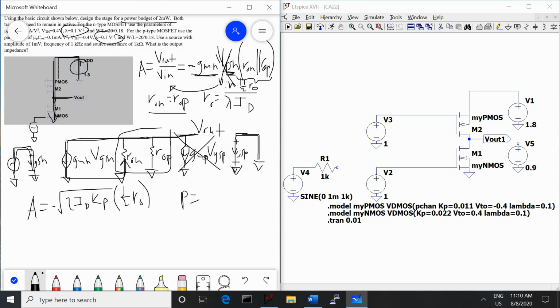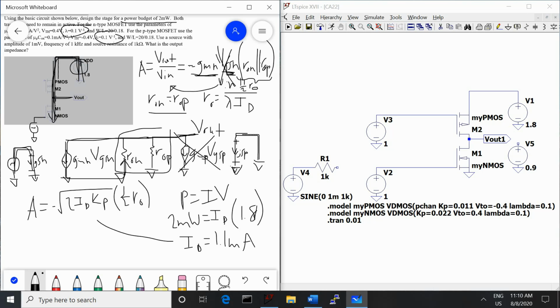So P equals IV, so 2 milliwatts equals I, and this is ID, because that current is the same current across that whole thing. And V is 1.8 volts. So we can solve for ID and we get 1.1 milliamps.